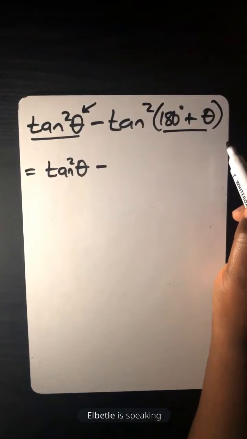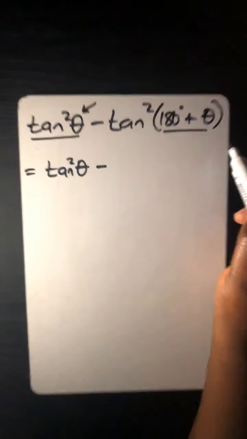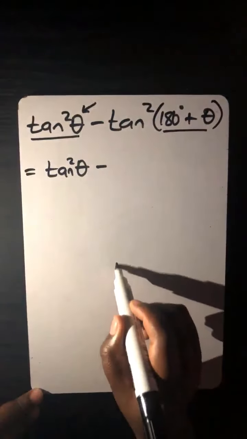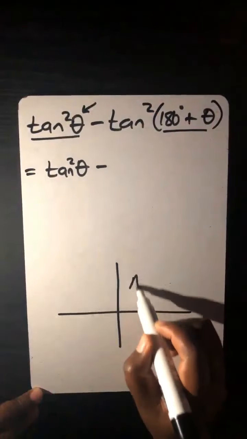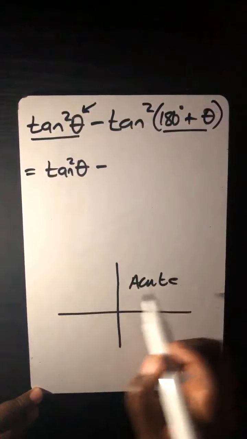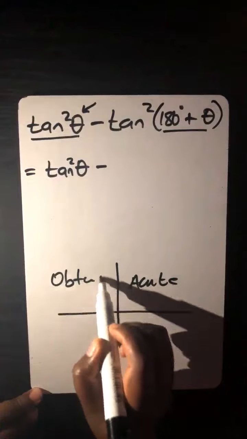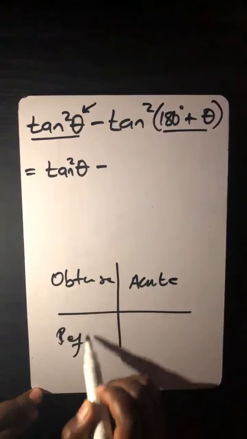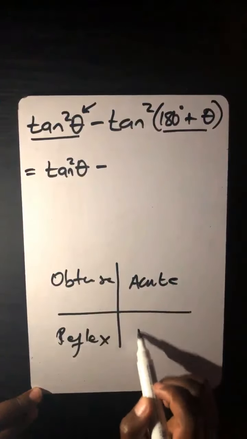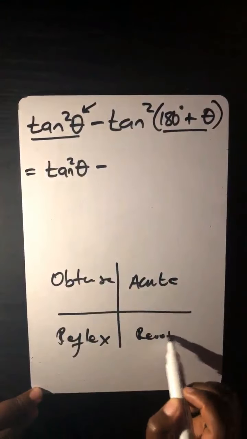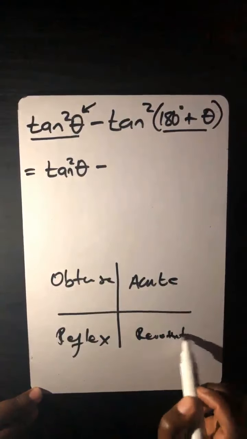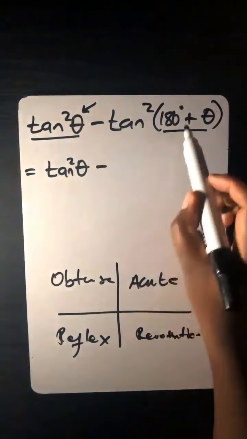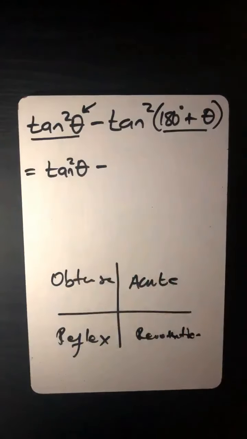An acute angle. No, it's not. We have acute, obtuse, we have reflex, someone said revolution. Guys, what is that angle?